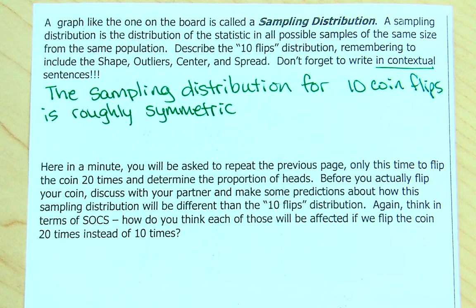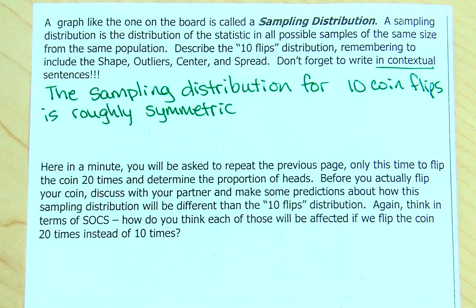When we have a symmetric distribution, what measures do we use for center and spread? Mean for center, what for spread? It's 2 words. Standard deviation. There we go. So normally, if it's symmetric, we use mean and standard deviation for center and spread.